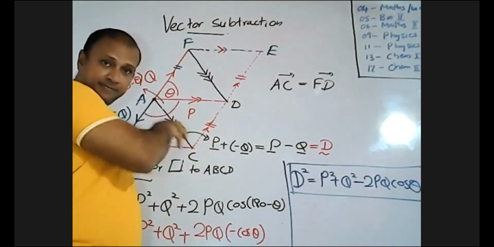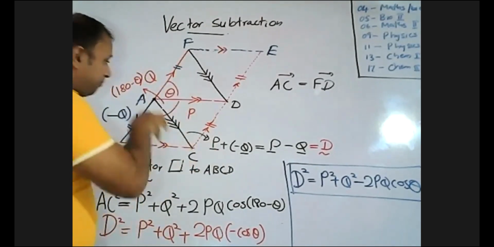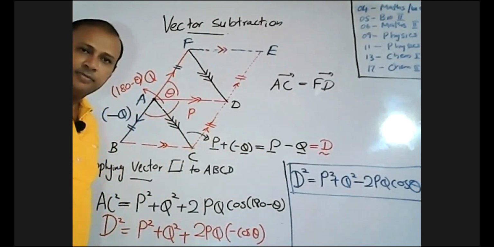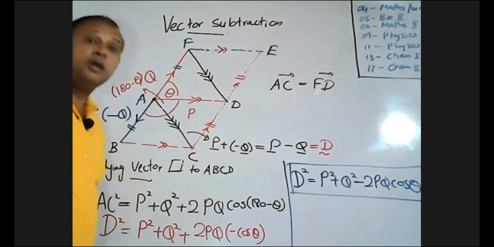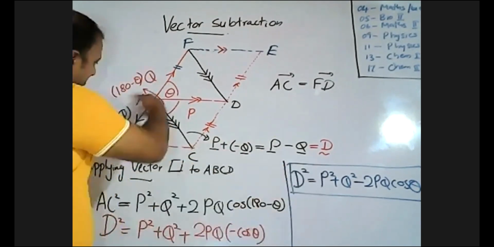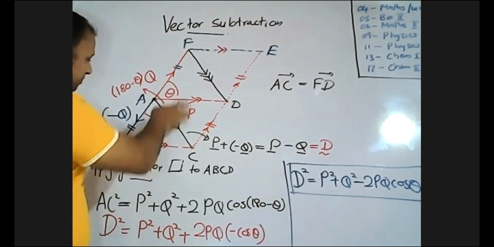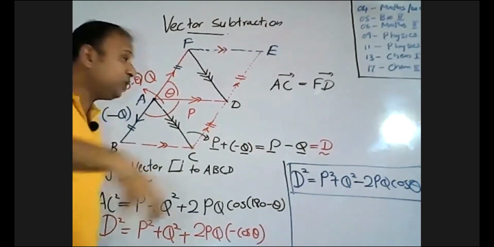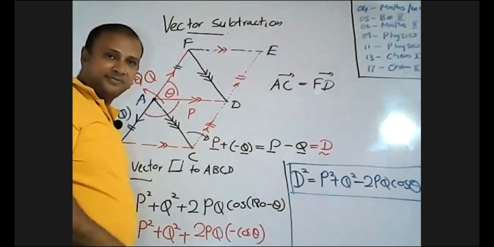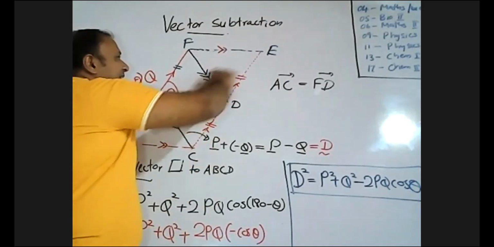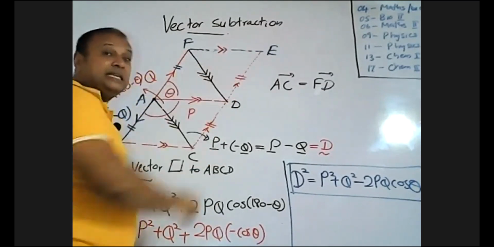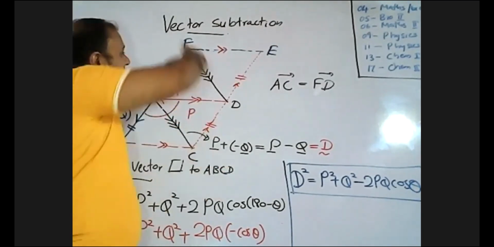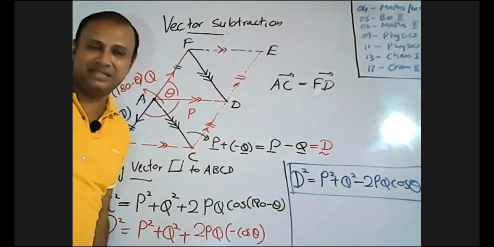I can remember this using the same parallelogram without drawing the other one. But this is the basic. You have to remember how we derive this equation using the ABCD parallelogram. But I can remember the result using this single parallelogram. The diagonal AE gives the resultant, and the diagonal FD gives the difference.